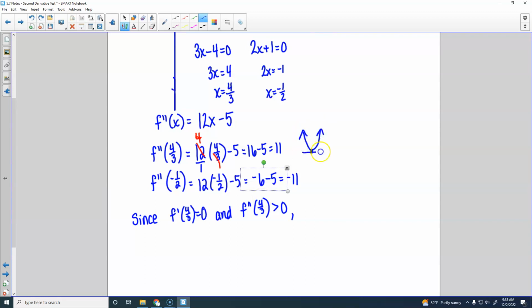And so if we have a horizontal tangent there, we're talking about a minimum. Since both of these are true, f has a relative minimum value at x equals 4/3.